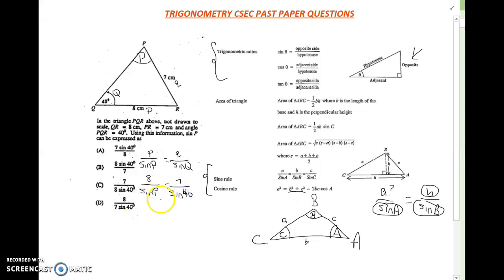Right. So now you need to know your algebra for this. In this particular case, we are going to cross multiply, meaning that we're going to say sine P by 7 is equal to, and then those two multiply each other.